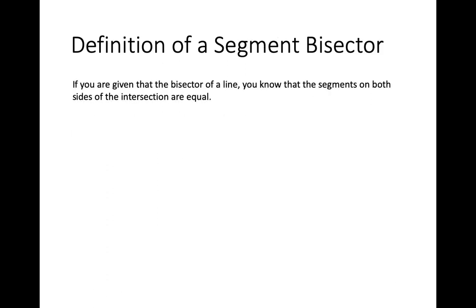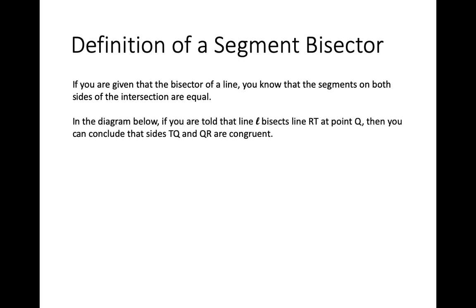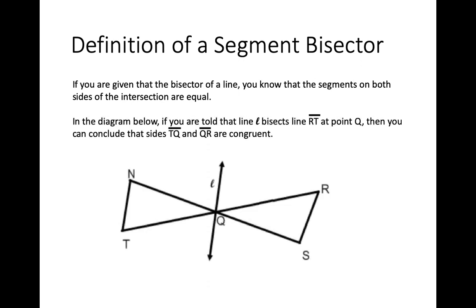The next one is the definition of a segment bisector. If you know that a line bisects another line, you know that the segments on both sides of the intersection are equal. In the diagram below, if you are told that line L bisects line RT at point Q, then you can conclude that TQ and QR are congruent.